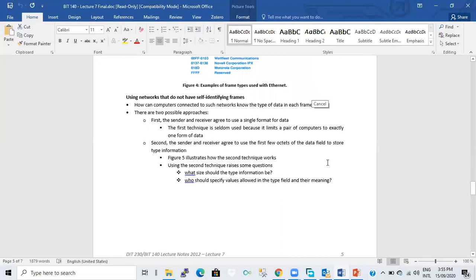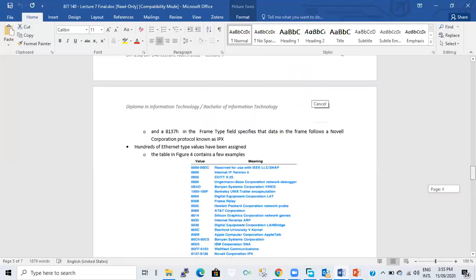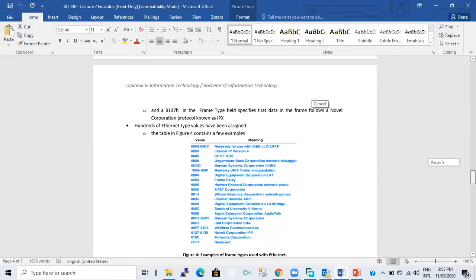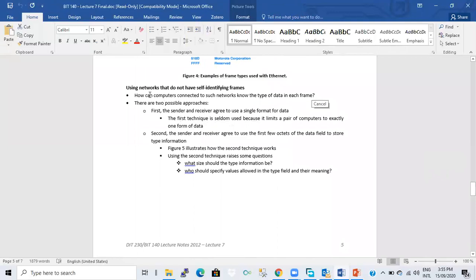Okay, so if you've seen this type of frame, it has this value too, frame type. So that particular frame clearly spells out what it's all about. But as well, we have those that don't have this particular field. So how do you get to know what is being sent? So this is what we are saying, using networks that do not have self-identifying frames.